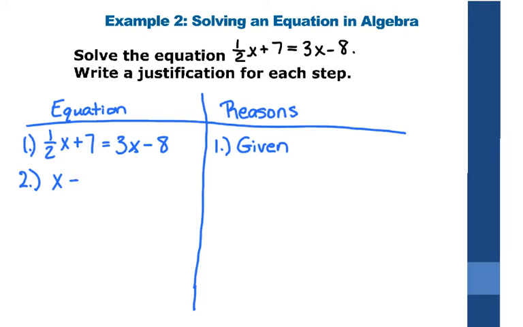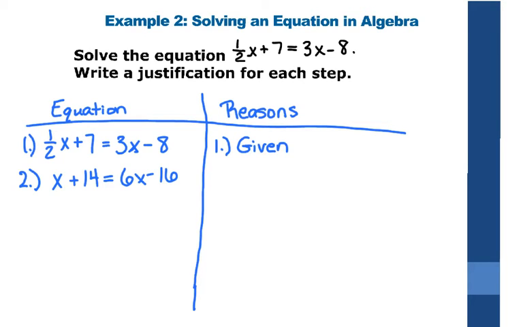It says x plus 14 equals 6x minus 16. And what happened here is we are multiplying both sides and distributing. Well, it's understood to be distributing, but multiplying everything by 2. If you look at it closely, we multiply this by 2, we get x, because 1/2 times 2 is 1.